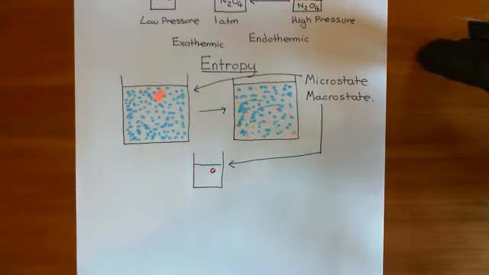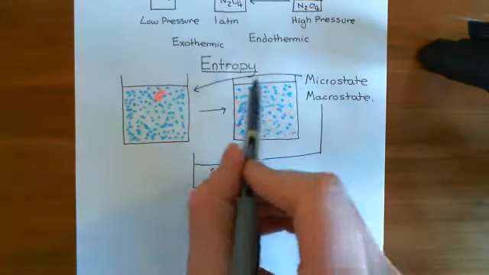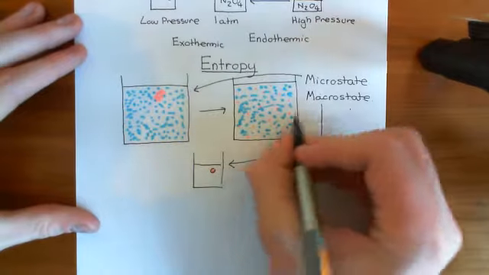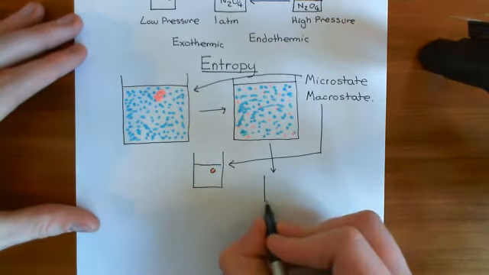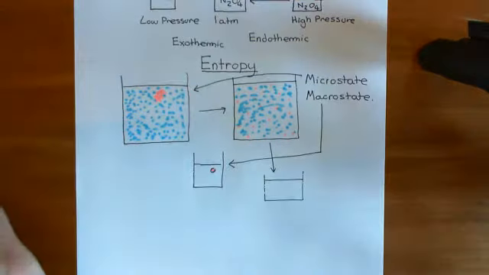Okay, so we are trying to justify why a macrostate does what it does, and let's draw the macrostate for this, because we've got the microstate here. The macrostate is, of course, that you end up with a less intense red.